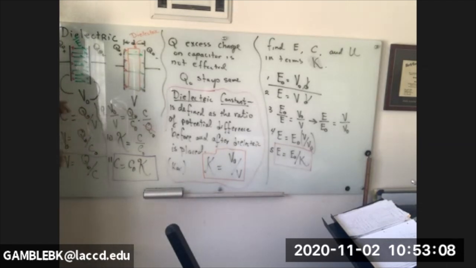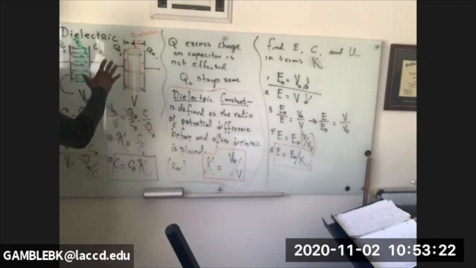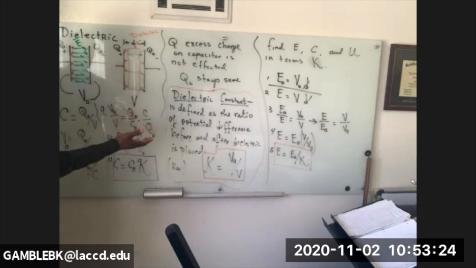Say we charge this to V naught, we put the capacitor in a circuit, we charge it up to V naught, and then we could effectively, as I told you, open the circuit, take the capacitor out. And so you can manipulate this without it being connected to anything, right? So that's the context in which we're evaluating this.